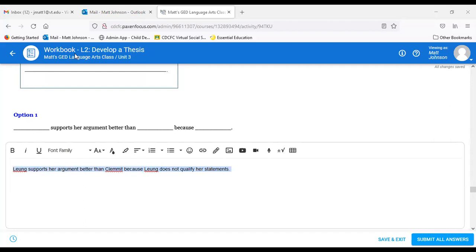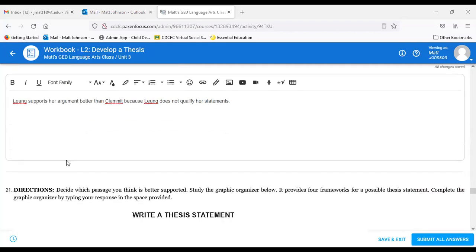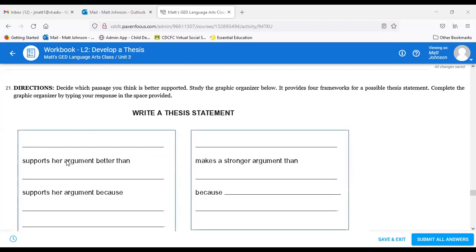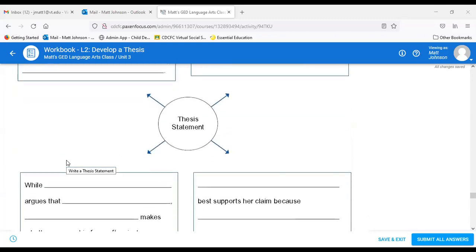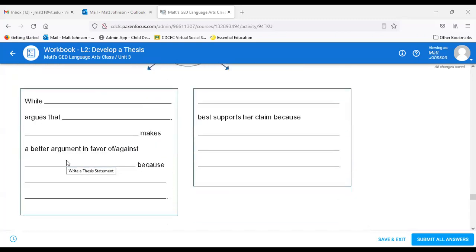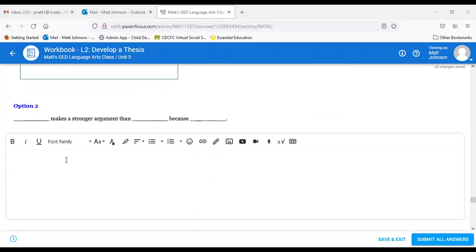I think the templates are really a big help. It really gets you guys framing these. And of course, if you wanted to just pick one or two to start practicing with, don't worry about using them all. Any one of these is going to work for your writing response.